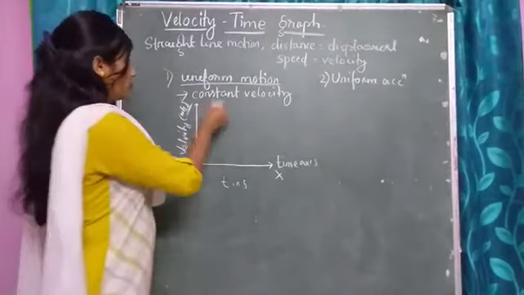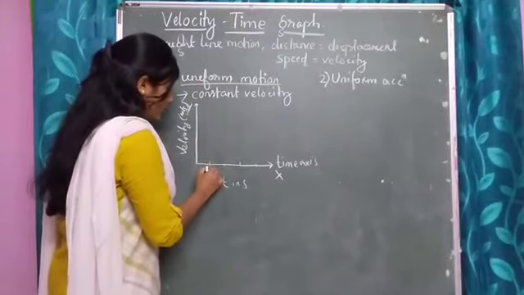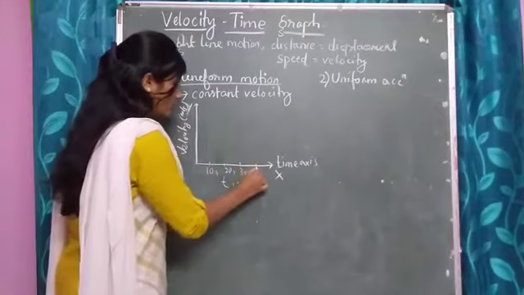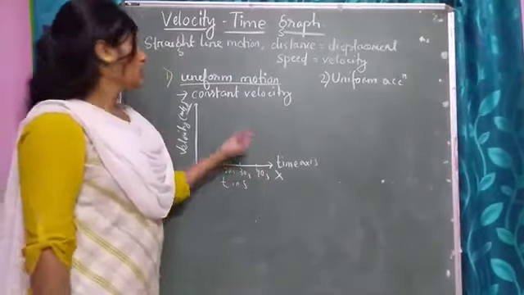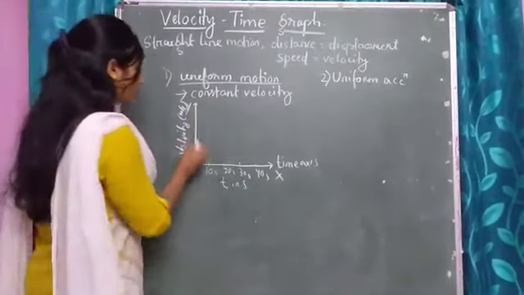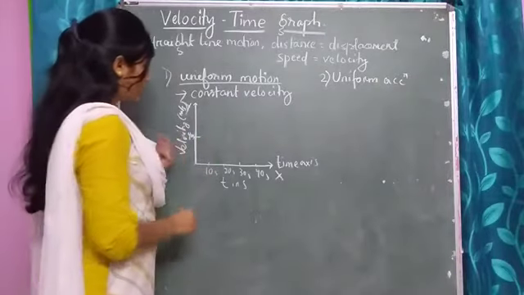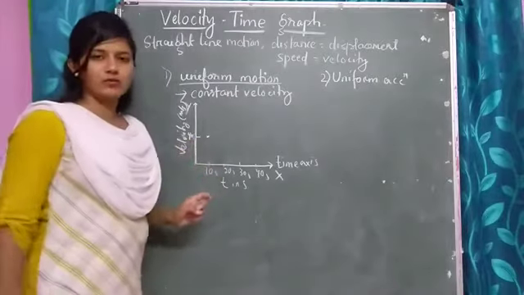Now see, as time passes, suppose this is 10 seconds, 20 seconds, 30 seconds, 40 seconds, the velocity remains constant. Suppose at 10 seconds it has 40 meter per second velocity.